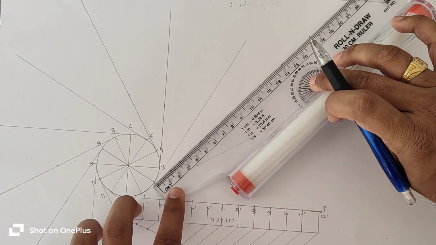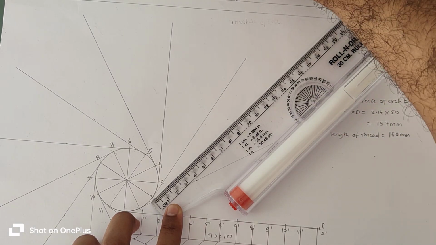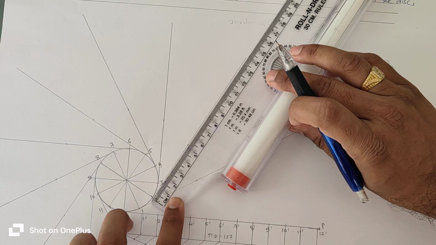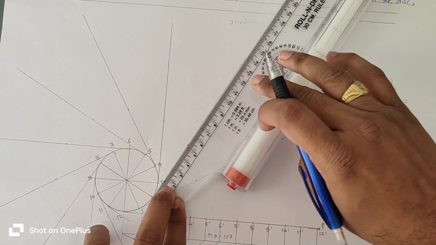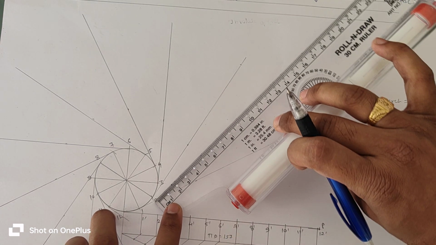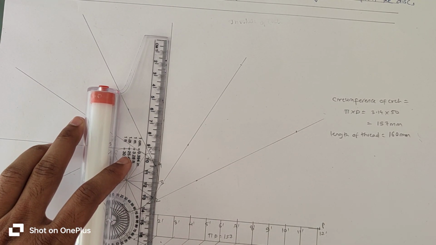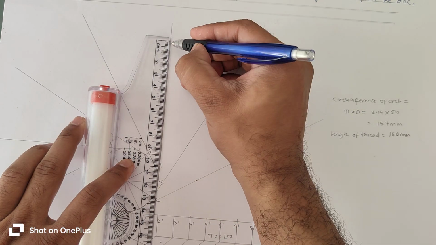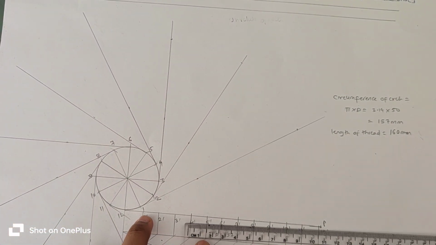From point 2 mark this distance. Similarly do this for each point. 3 dash to P, this distance is 11.9. So from point 3 take 11.9 on the tangent. So similarly mark this distance.